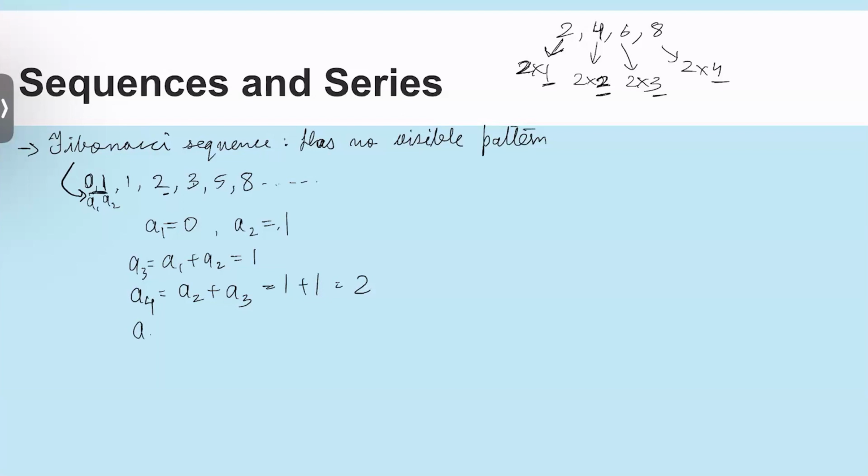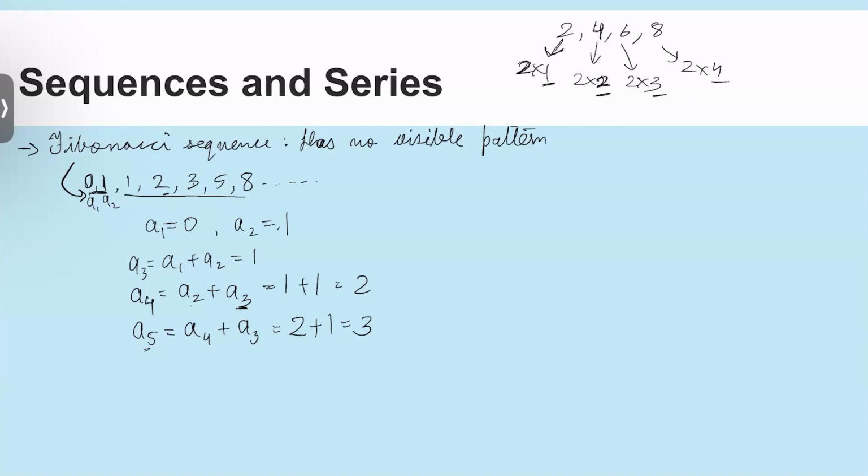Then if you are asked to get A5, you see over here that we have added the previous term and the term before that previous term. So A5 is equal to A4 plus A3. A4 is 2 and A3 is 1, so you get 3. So you can see that this is how the sequence is being formed.